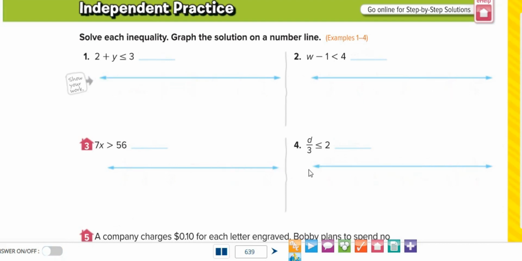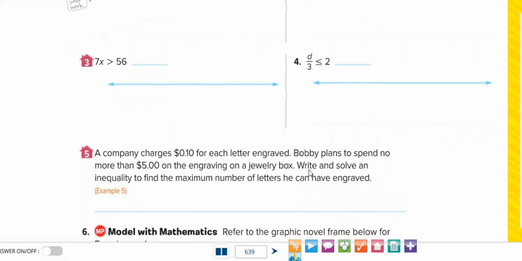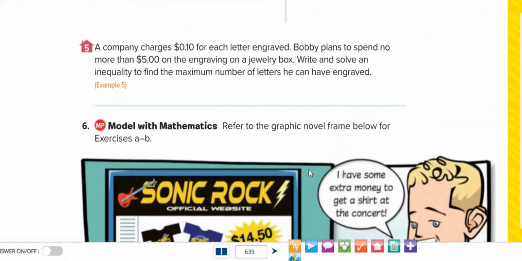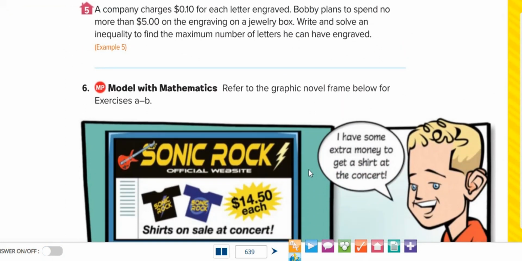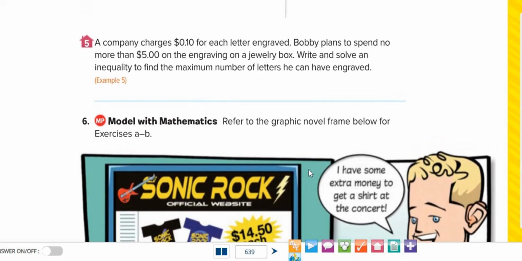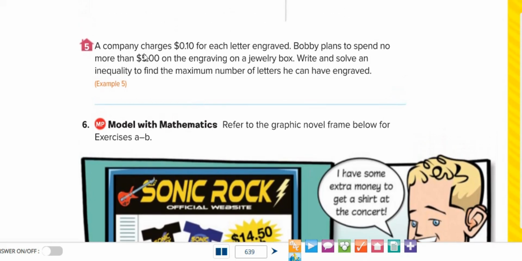Now moving on. We have here problem number 5. A company charges $0.10, meaning 10 cents, for each letter engraved.